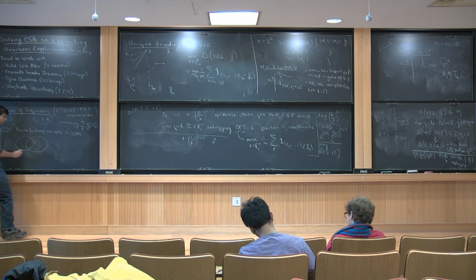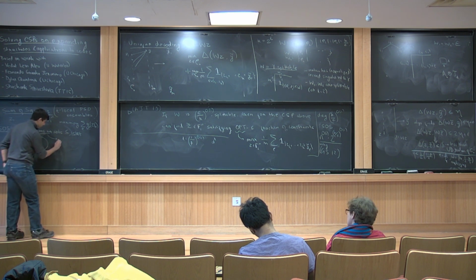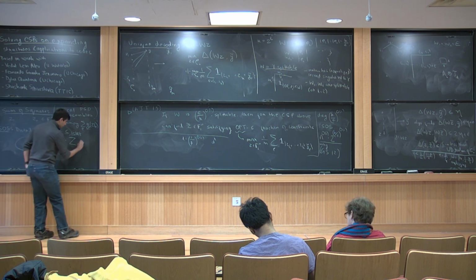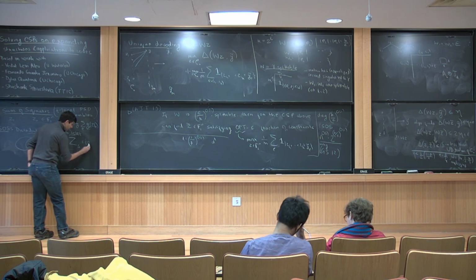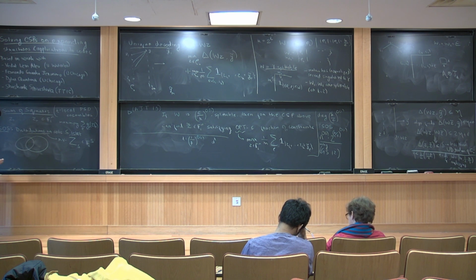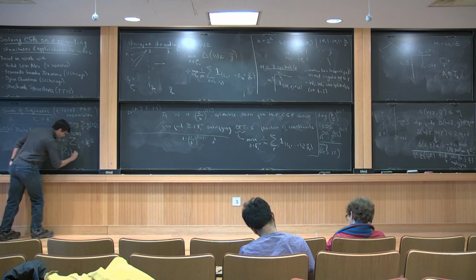So instead of a distribution, let's think of a random variable capital Z sub S, which takes values in, and let's use this curly brace to denote the distribution of the random variable.